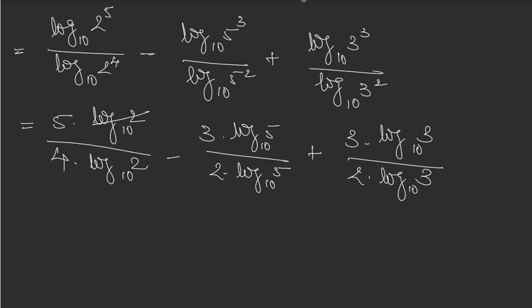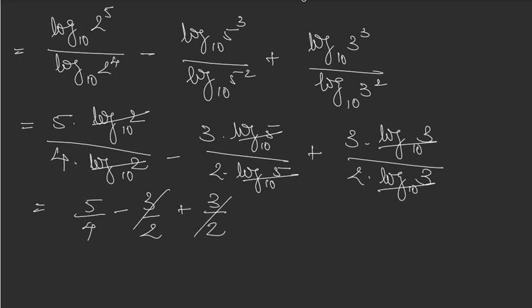Log of 2 to the base 10 gets cut, log of 5 to the base 10 gets cut, log of 3 also gets cut. So you are left with 5 by 4 minus 3 by 2 plus 3 by 2. Wow. So minus 3 by 2 plus 3 by 2 cuts, your answer is 5 by 4, which is an improper fraction. So it will be 1 and 1 by 4, mixed fraction.